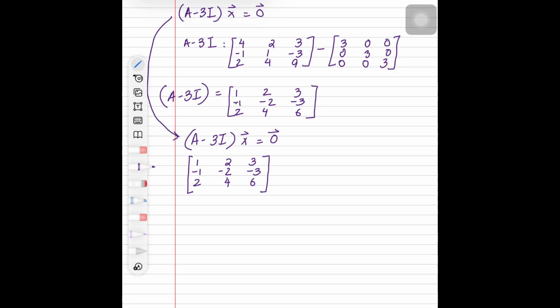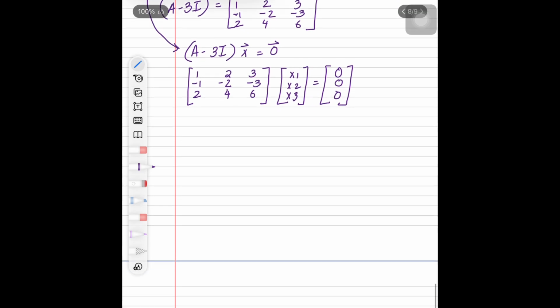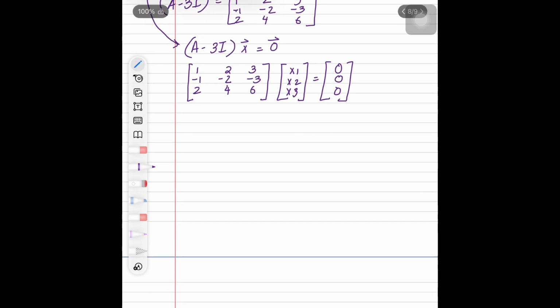So this is the matrix A minus 3I times x. The number of x's is determined by the number of columns that we have. So that would be x1, x2, and x3, which is equivalent to the 0 vector. This gives us the augmented matrix.